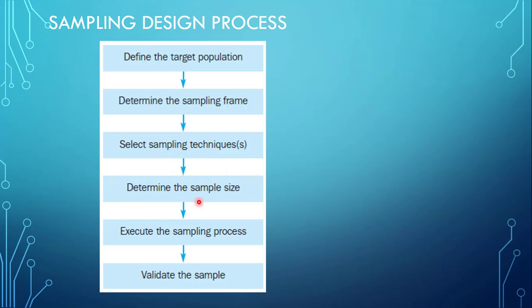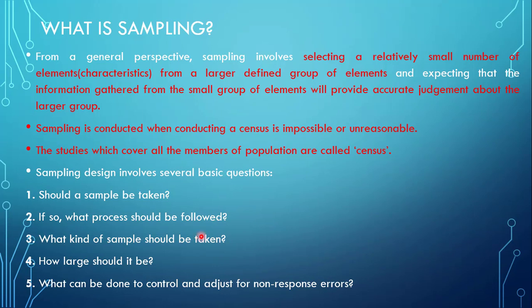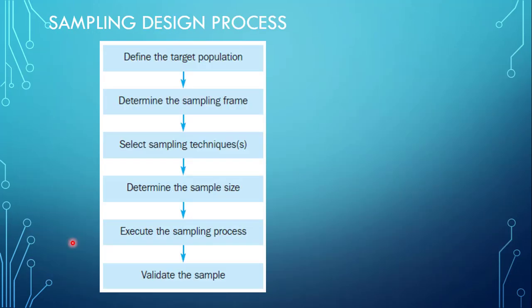After selecting the sampling technique, you determine the sample size. We raised these questions in the second, third and fourth questions. After determining the sample size, you have 3 techniques, which we'll discuss later. Then you execute the sampling process, carrying out the plans you have laid.